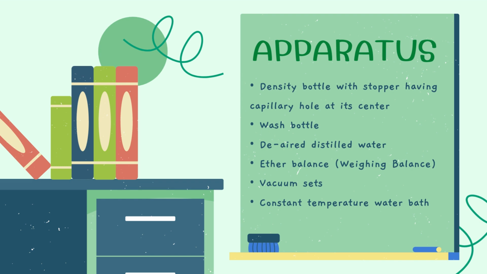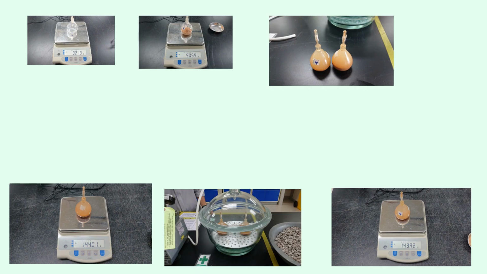So the apparatus for this experiment is a density bottle with stopper having a capillary hole at its center, wash bottle, air distilled water, the weight balance, vacuum set, and constant temperature water bath. So this is the picture of the apparatus that we use.